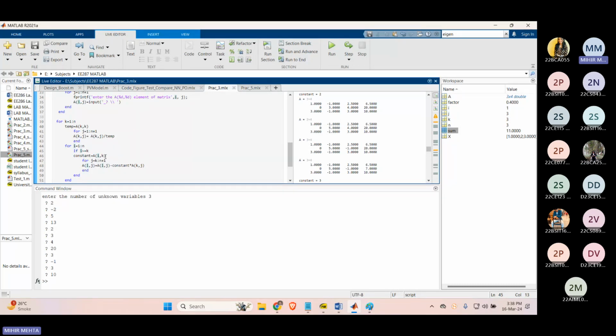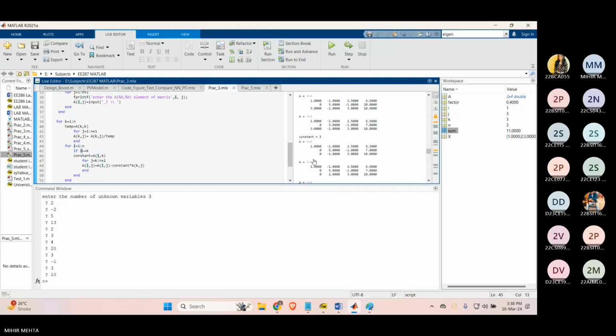So what is the constant value here? I have taken the constant value as 3.